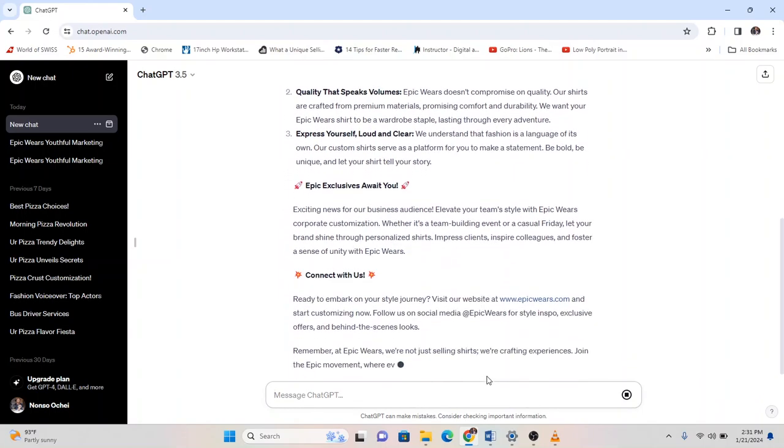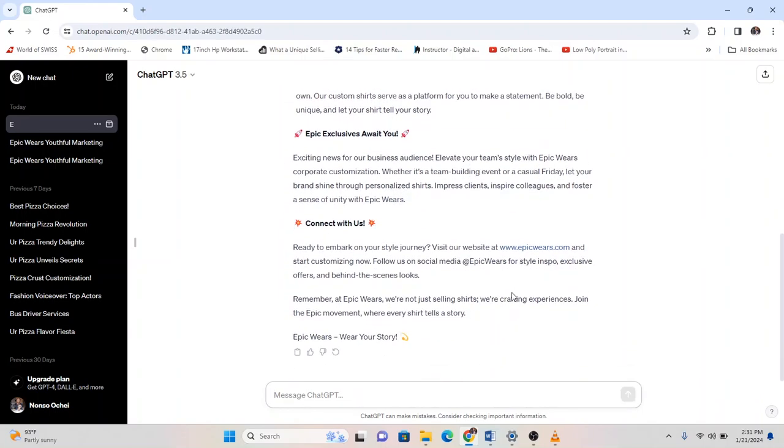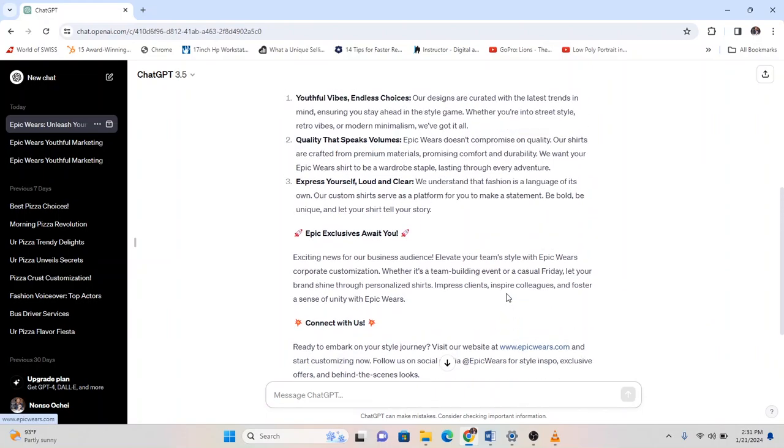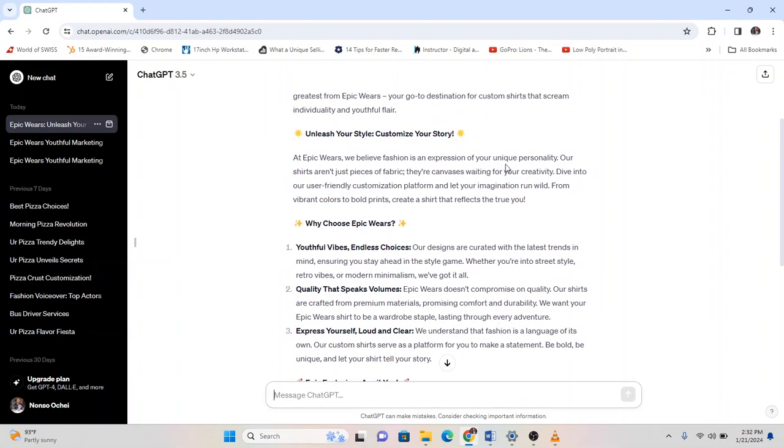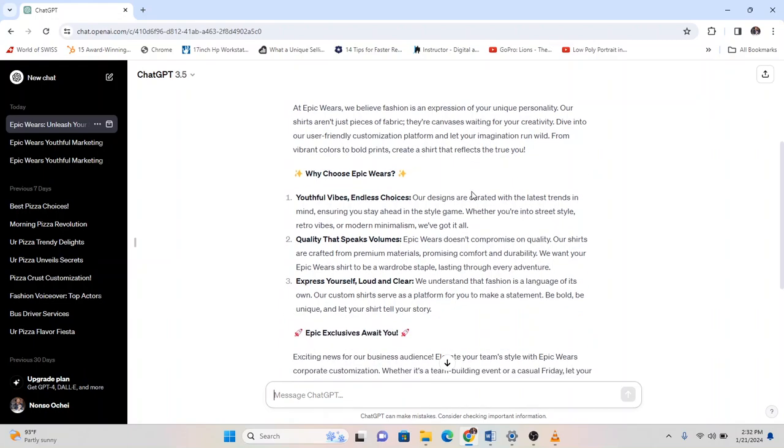So you can see how awesome this is. You can see that it goes ahead to create a wonderful looking ad for us. It says, at Epic Wears, we believe fashion is an expression of your unique personality. Our shirts aren't just pieces of fabric, they are canvases waiting for your creativity. Really, really excellent.